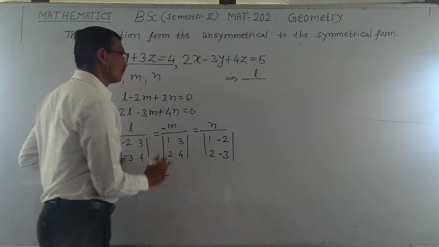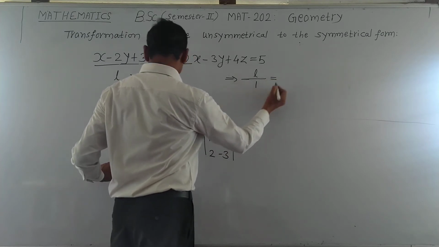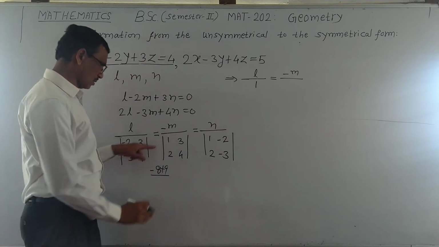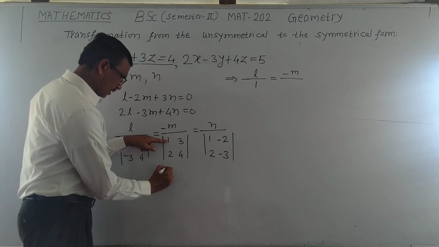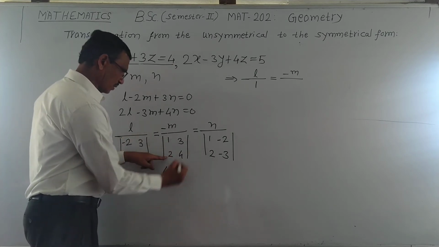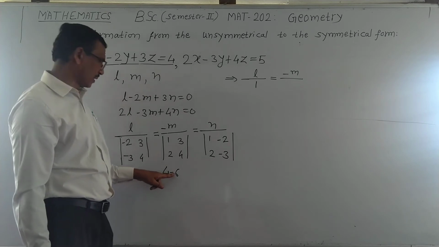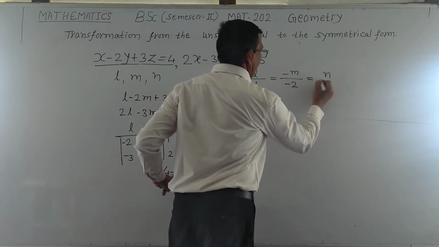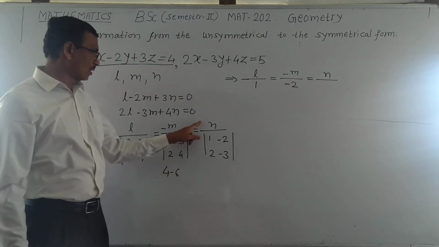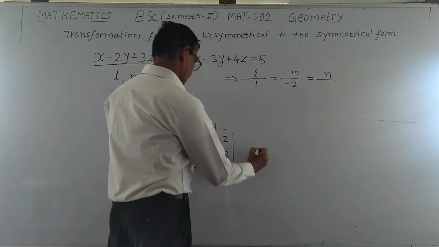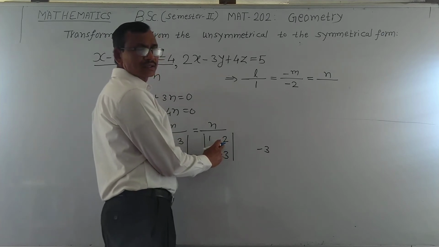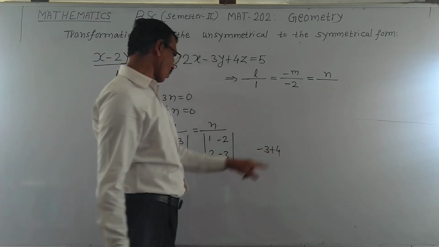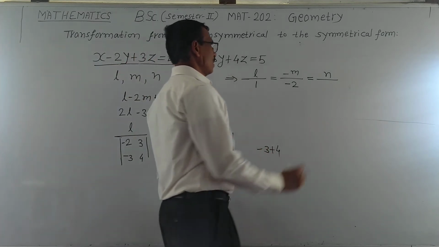That means minus 8 plus 9, it is 1, equals minus m upon, solving this determinant, 1 into 4 is 4 minus 2 into 3 is 6, 4 minus 6 is minus 2, equals n upon 1 into minus 3 is minus 3, minus 2 into minus 2 is minus 4, with the negative sign it is plus 4. Minus 3 plus 4 is 1.